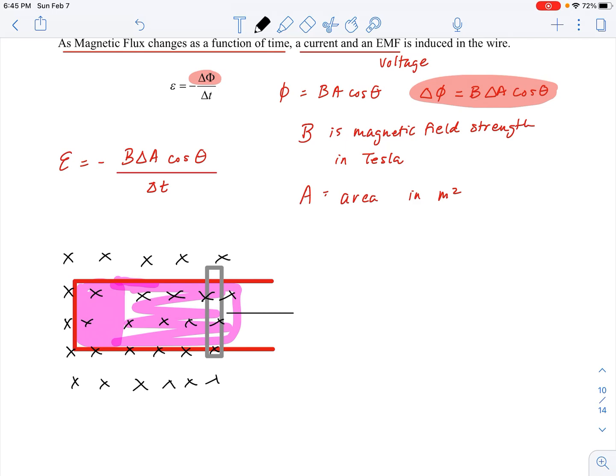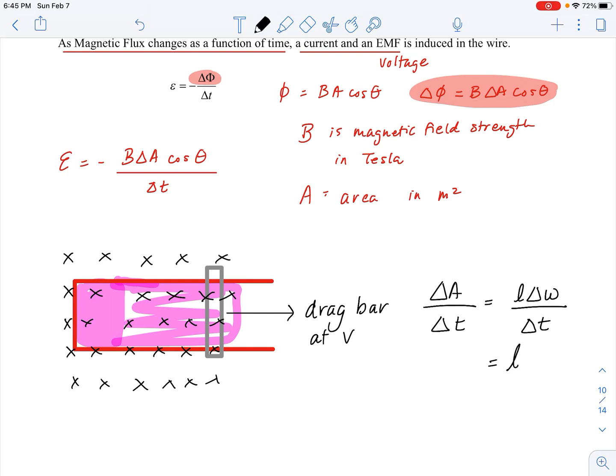One thing to realize is that if I drag this bar at a velocity v, the change in area over the change in time is going to equal length times change in width over change in time, which is going to equal length times velocity. So in this scenario, there's L, there's W, dragging the bar.